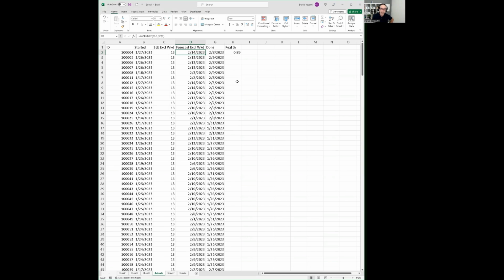And when you go through here and you see how our forecasted date matches up with our actual date, remember, this 13 days was at the 85th percentile. When you compare all of these numbers in these two columns, what you find out is you're actually forecasting at the 89th percentile, not the 85th, the 89th.